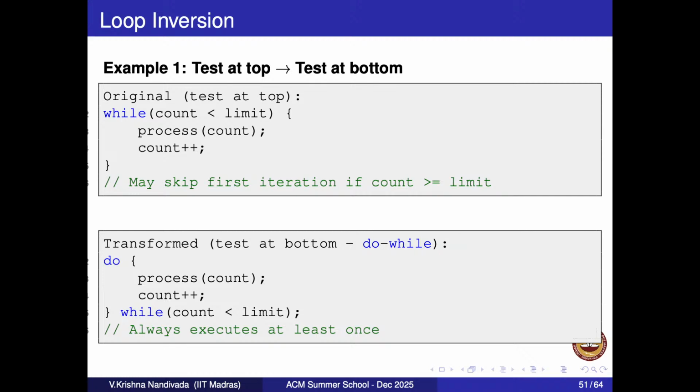Then what will the compiler do internally? Convert it to a do while loop. This is called loop inversion. Loop inversion reduces the number of branches.